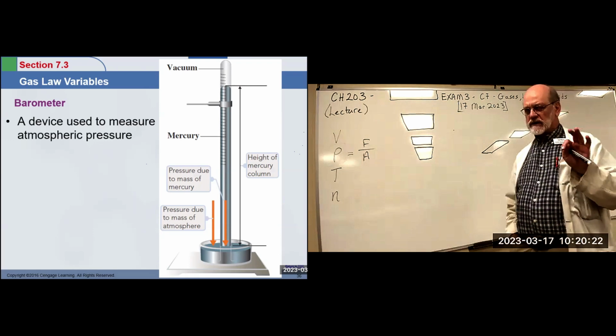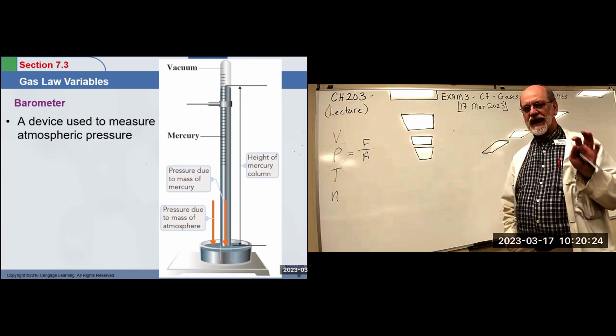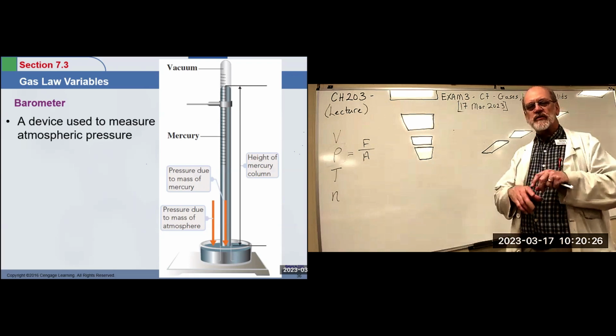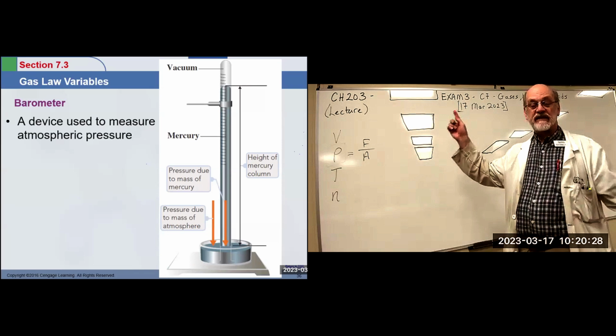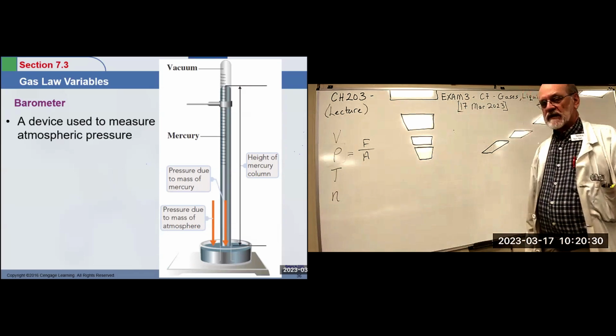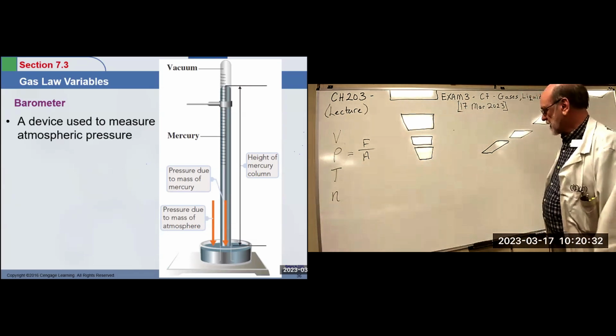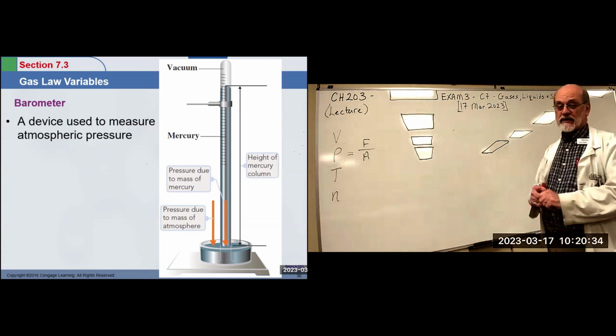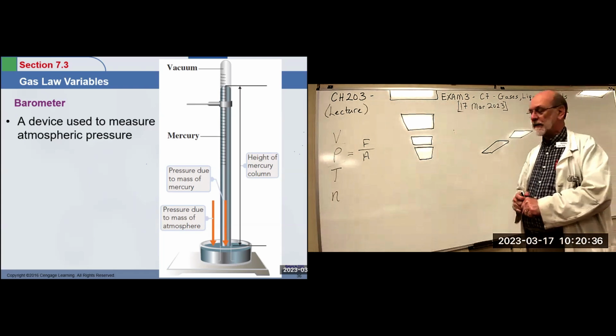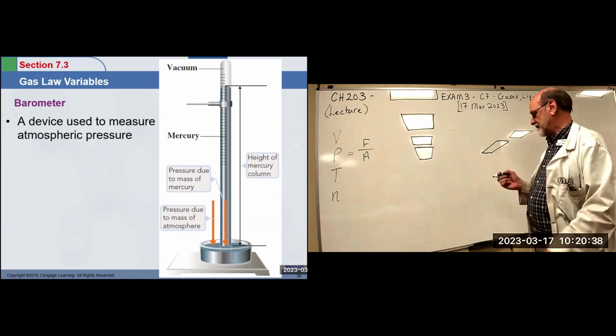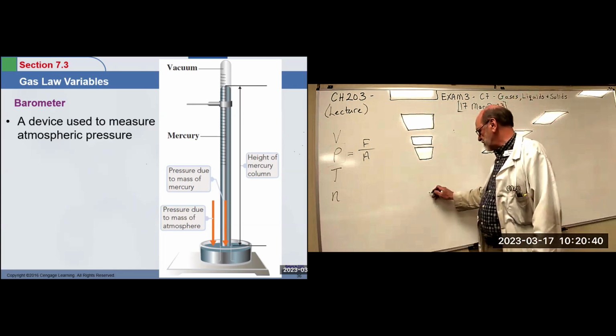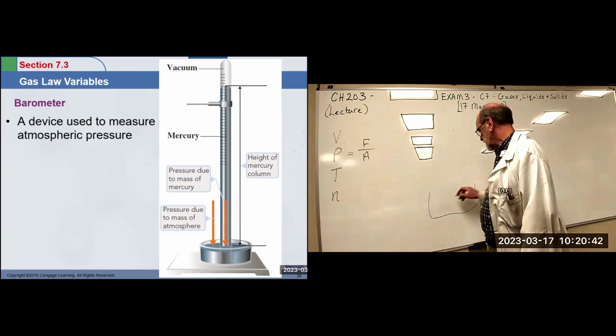They were really good in those days at blowing glass or making glass tubes of uniform diameter of any length you wanted. So Torricelli thought, in fact, I'm not sure what his thought processes were, but the end result was he had this pool of mercury.